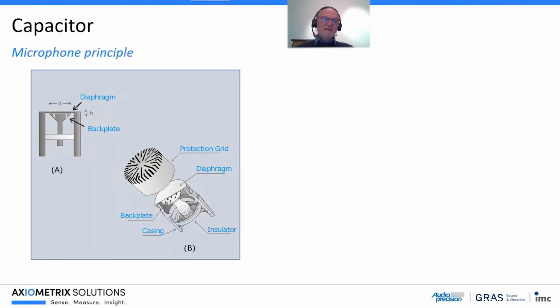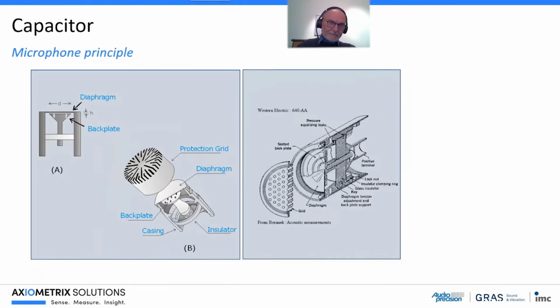So that's all we have in a microphone, only a few components. We can see another drawing here of a microphone. It's an old drawing, but it's more or less the same components we have in this microphone as well.